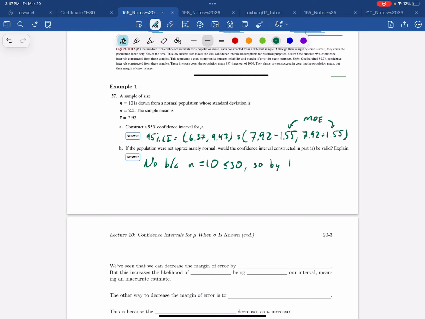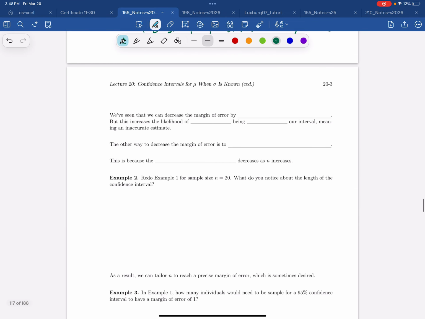So by the CLT, the central limit theorem, the sampling distribution of our sample mean may not be normally distributed, and so we can't use this process. We use this process only if the sampling distribution is normally distributed. Okay?